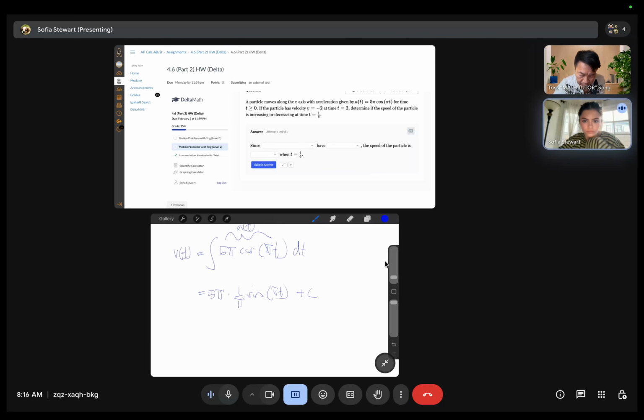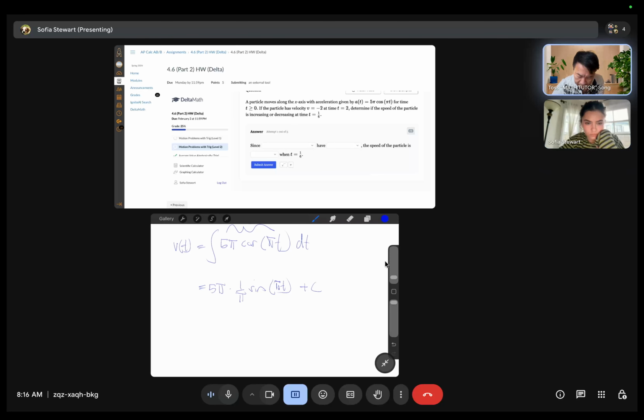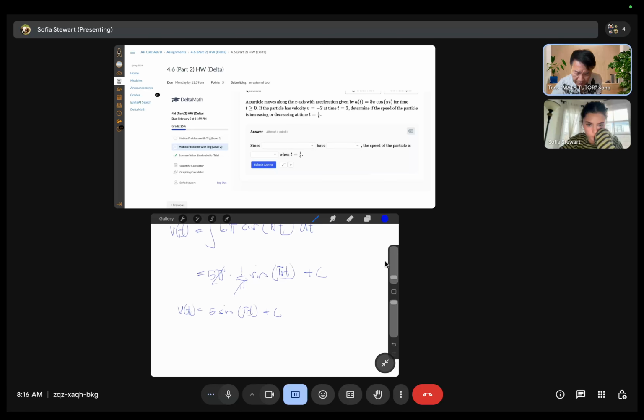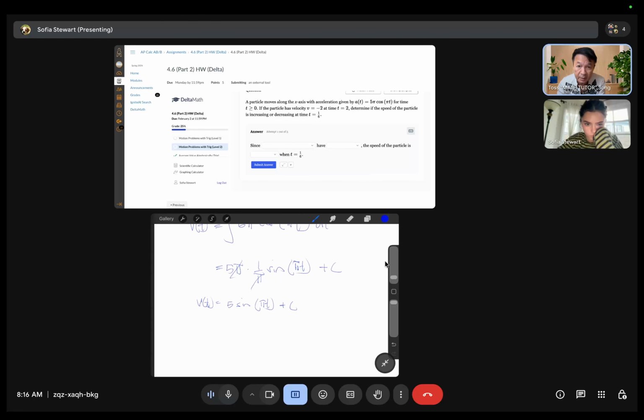Let me clean it up. You get your 5 sine of pi t plus c equals v of t. Now, let's solve for c. It says v being negative 2. Then I will integrate one more time to get your speed. Do you get that?